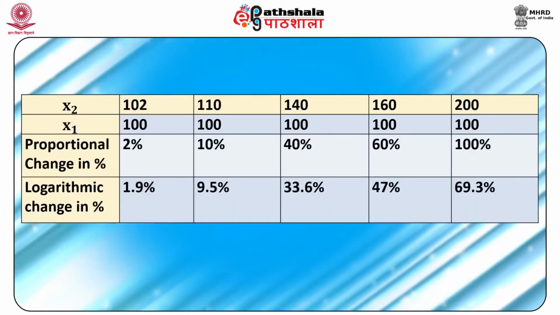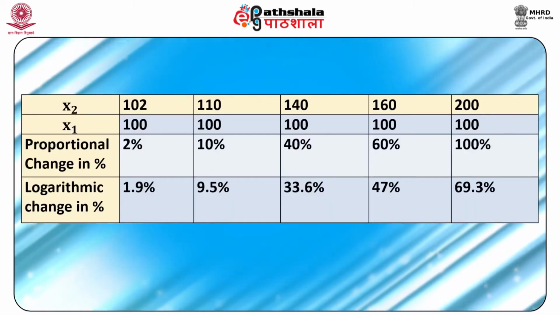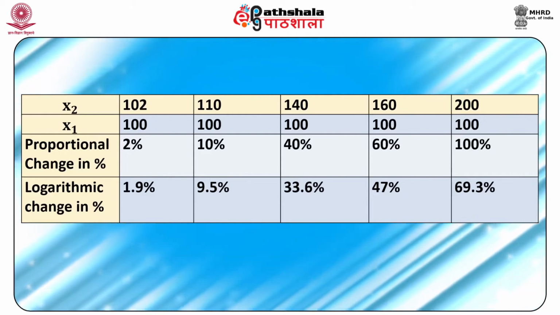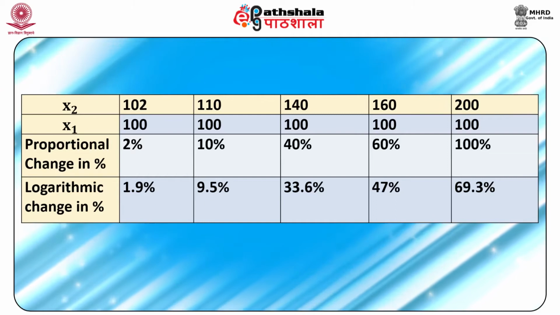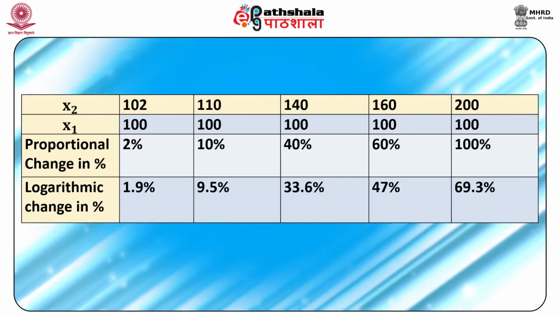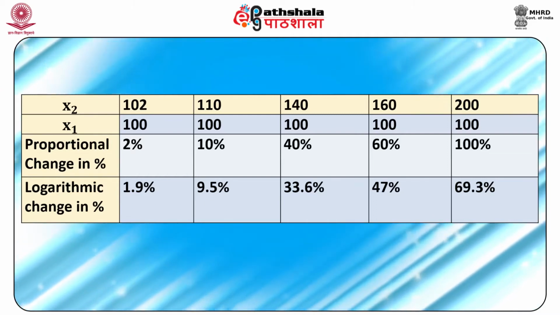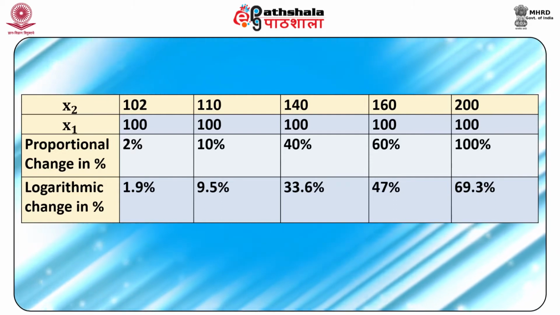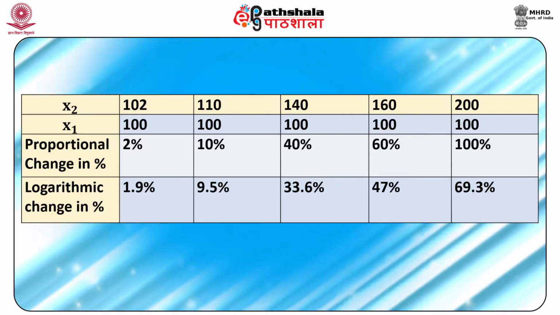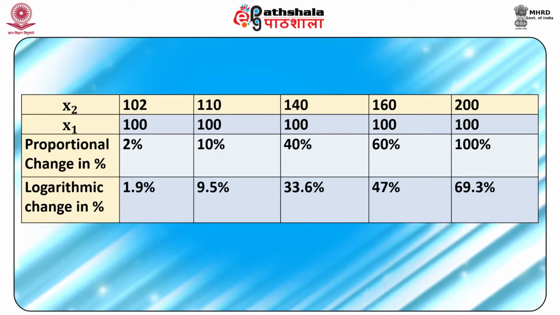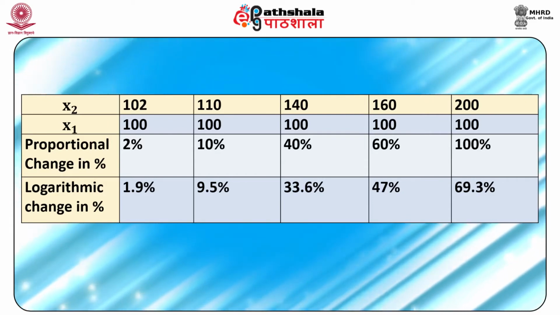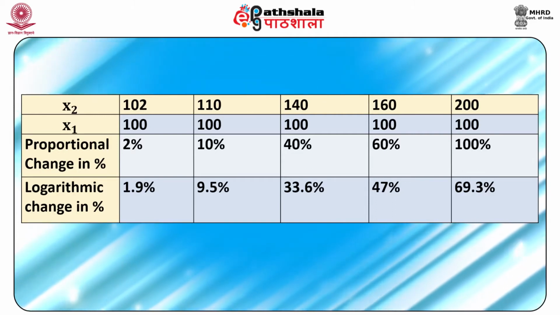Let us, in a table, try to look at examples of proportional change and logarithmic change. Let us presume x2 is equal to 102, 110, 140, 160, 200 and x1 takes the values 100, 100, 100, 100, 100. So, proportional change in percentage is equal to 2%, 10%, 40%, 60% and 100%.